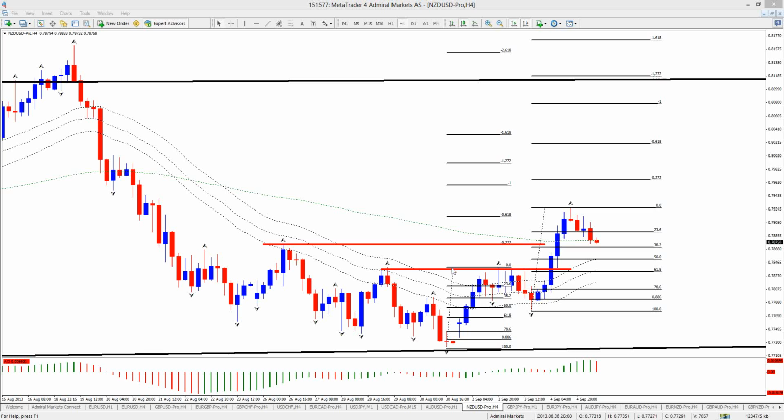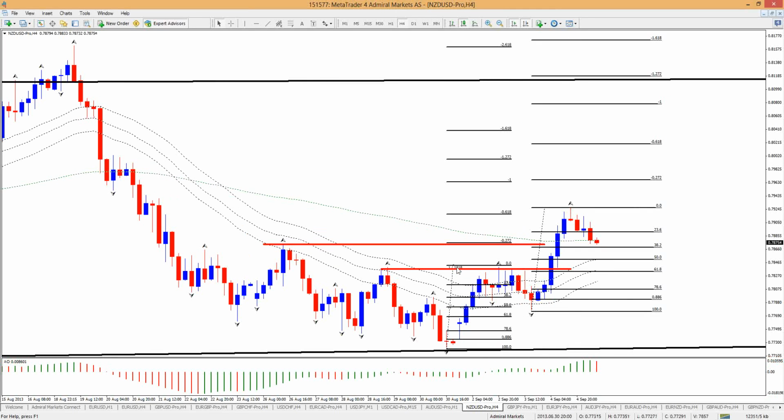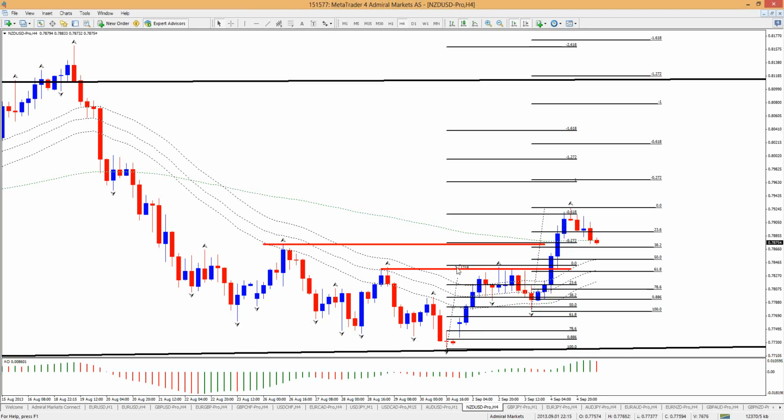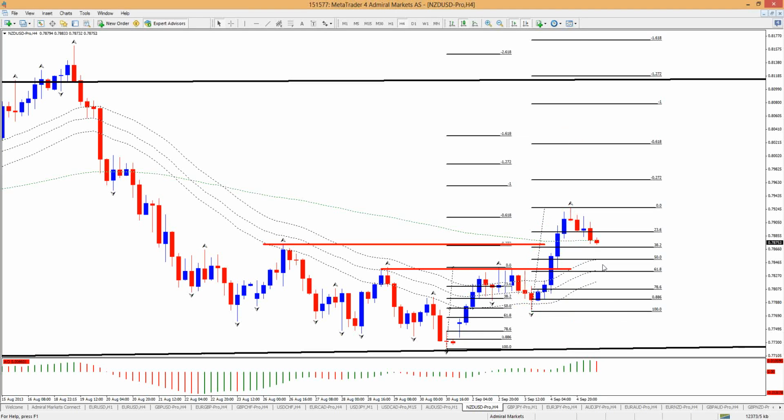Went straight to the minus 618 target. You see that? So now we can fib the next swing high, swing low, which is this. And take a look at confluence to see what would be the most likely bouncing spot.